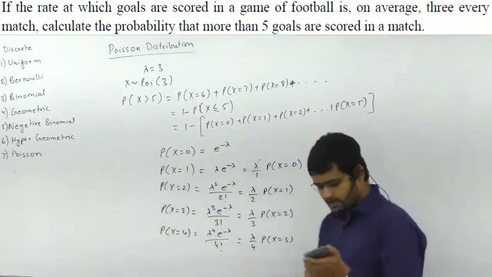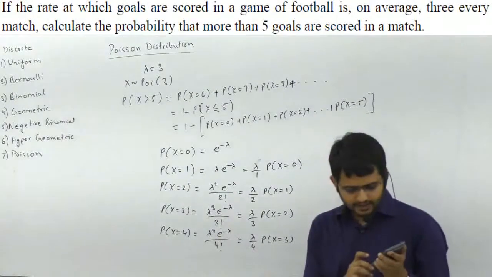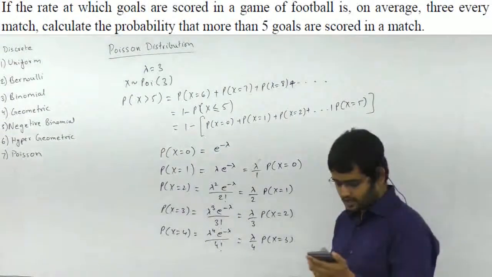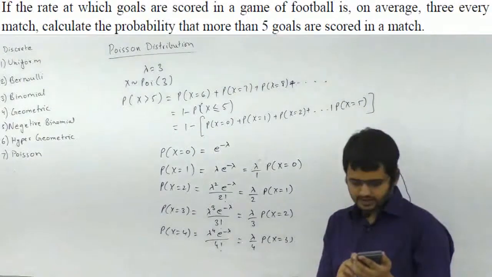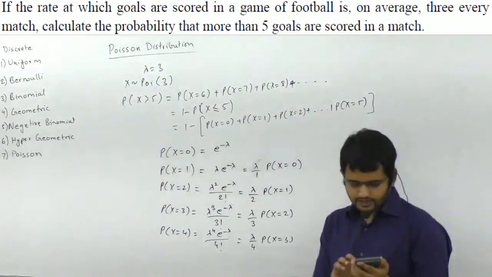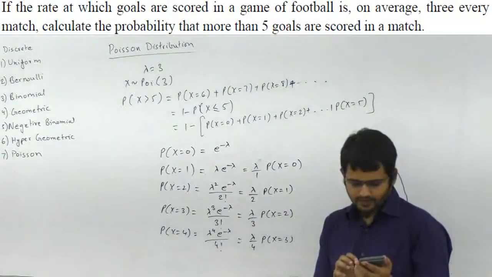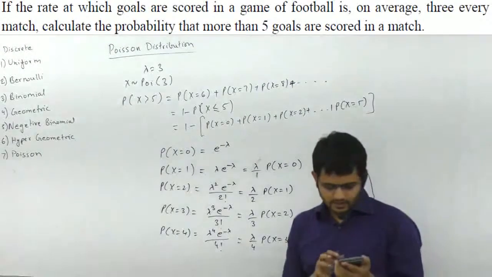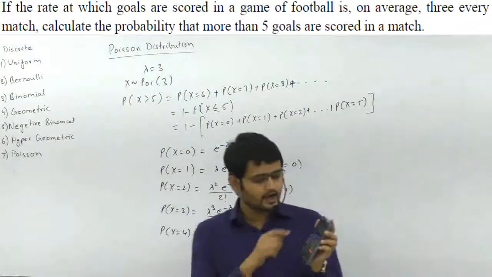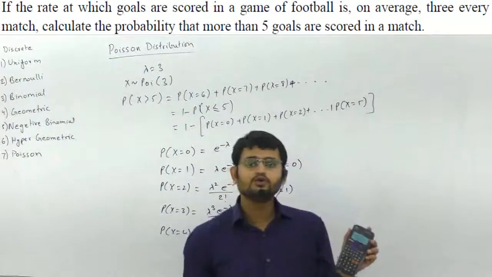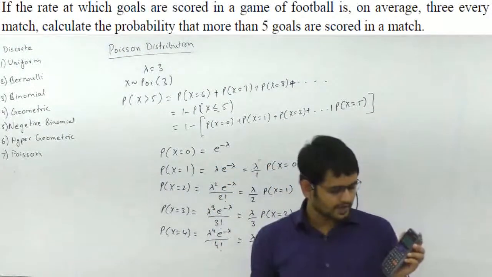Now for 4, I'll multiply by 3, divide by 4, I get this value, again M plus, then into 3 divide by 5 and I get the fifth value and again M plus. Okay, now when we have added all the 5 values, how do we use this value M?